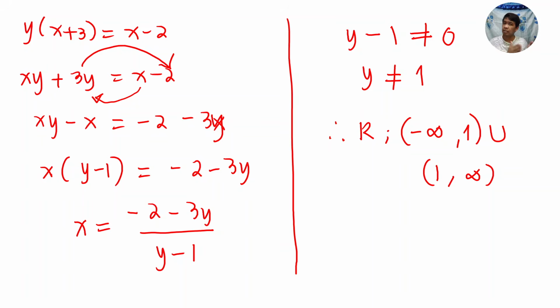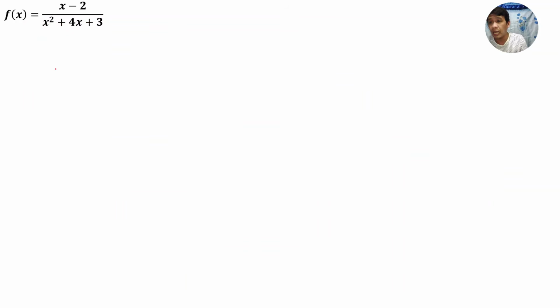Let's give another example. f of x is equal to x minus 2 all over x squared plus 4x plus 3.